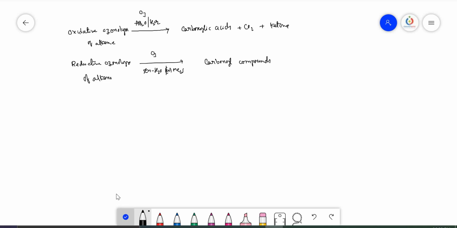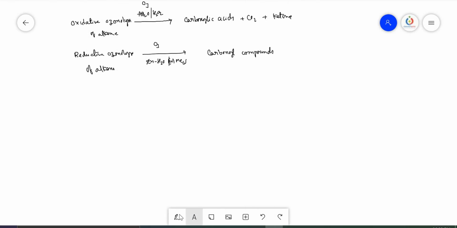But apart from that, there is one more reagent which gives the same carboxylic acid just like oxidative ozonolysis, that is H plus KMnO4.